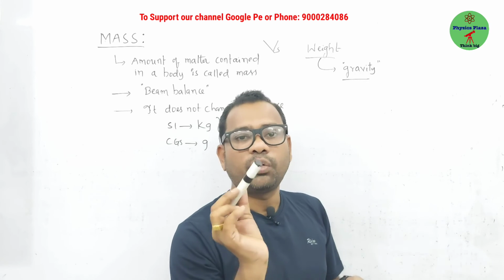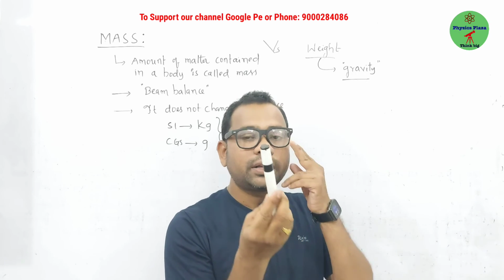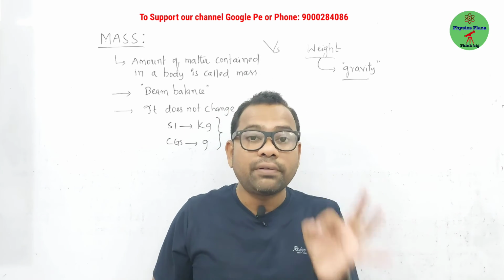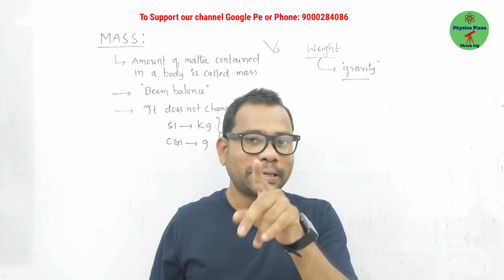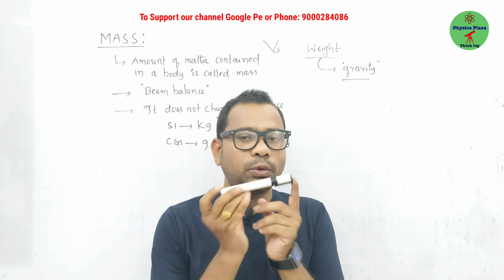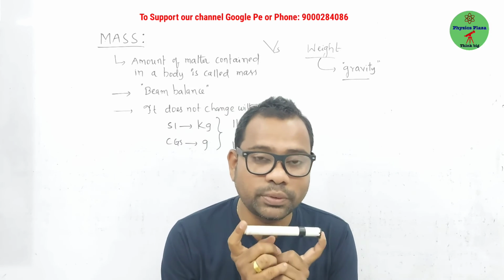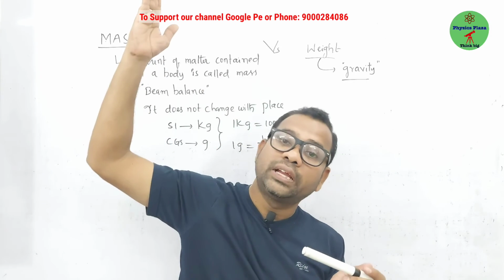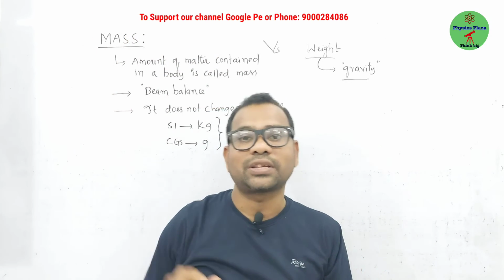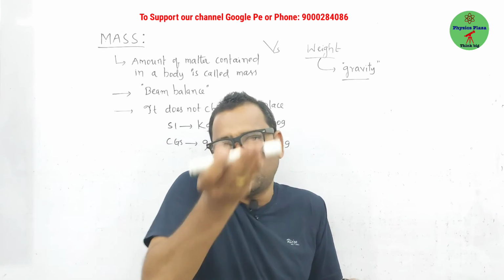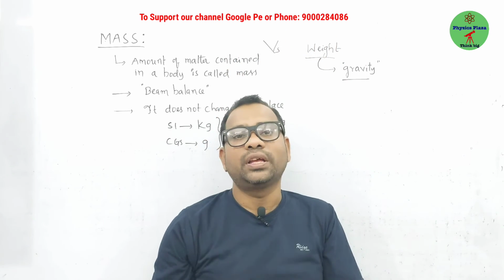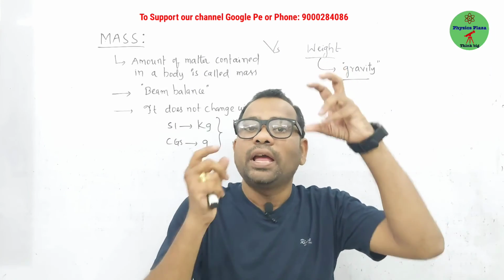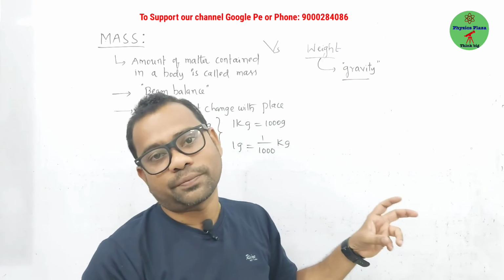If this marker is thrown vertically upwards with 11.2 kilometer per second, that is called escape velocity. If you throw any object with that velocity, it will go out of the range of the earth. It can escape, but generally we don't throw with that much speed. That's why objects are attracted by the earth only. Due to that earth pull, every object has some weight.